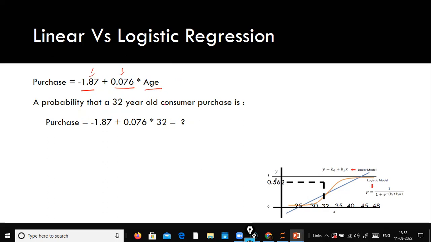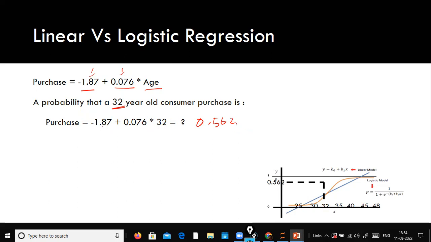In the case of age, you simply put 32, because the intercept and slope are computed by the model and we don't have any right to change them. You multiply this, and then add the intercept, which in this case is negative. What value you get is your probability. Let's say in this case, 0.562.